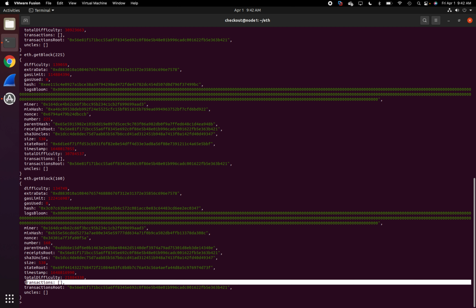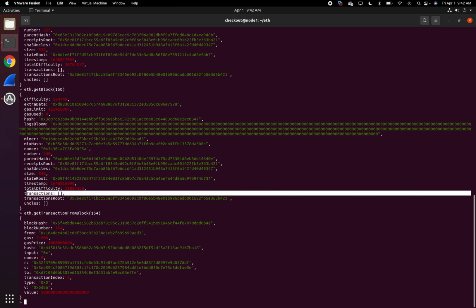And we still have 0 transactions here for some reason. Oh, it's 154. That's the actual one. 160 doesn't have it.